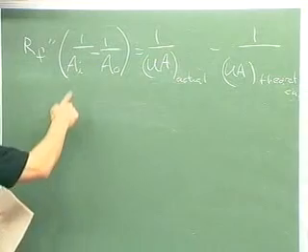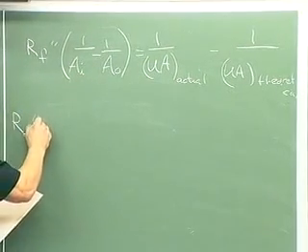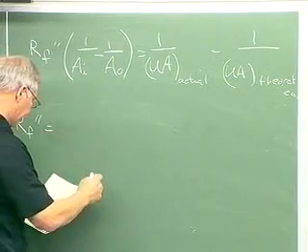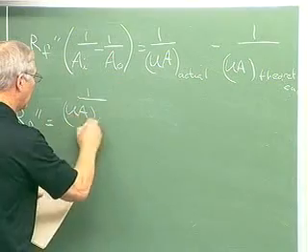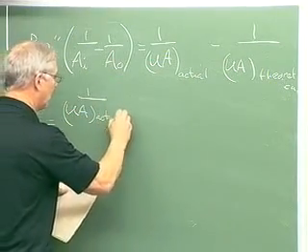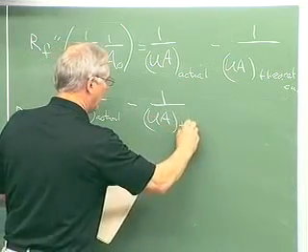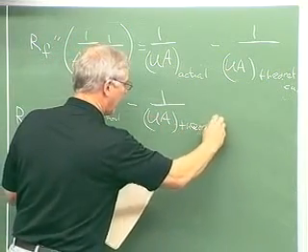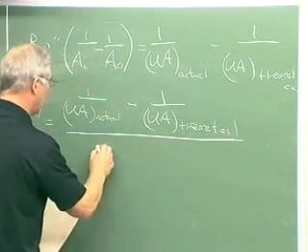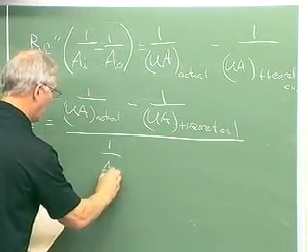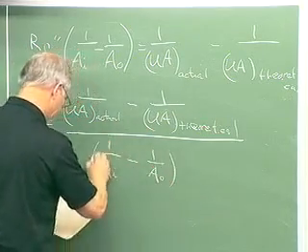All right, so then we can divide by this term here, and we get that the fouling factor is equal to 1 over UA actual minus 1 over UA theoretical, all divided by 1 over AI minus 1 over A outer.